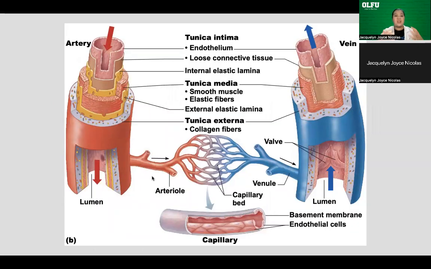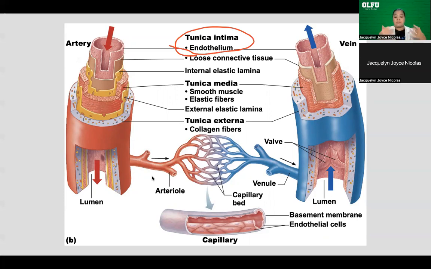This is an image, and I think you're already familiar with this. It has been discussed in anatomy and physiology. But again, just to review, our tunica intima is the innermost layer of our vein and artery, basically the inner lining.